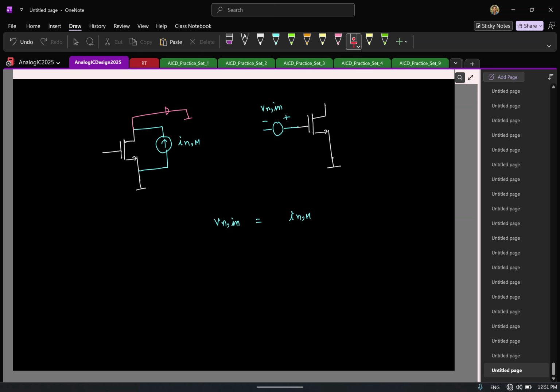And then what do you do? Let us say here I find the noise is InM. What do I do next to find the input referred quantity? I find the transfer function from this voltage, where Rs is 0, to the short circuit current. How much will that be?